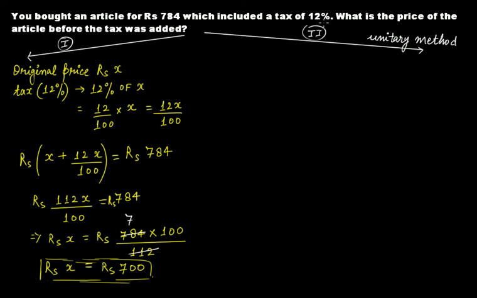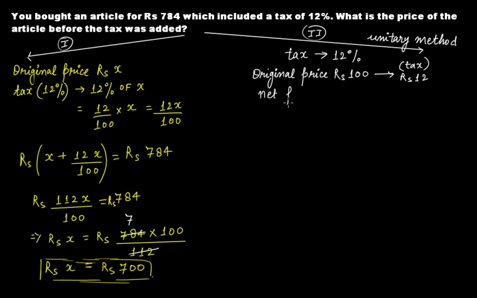So the tax that is being charged is 12%. It tells you that if your original price is rupees 100, then the tax that will be charged on this original price will be rupees 12. So your net price will become rupees 100 plus rupees 12, that is rupees 112.